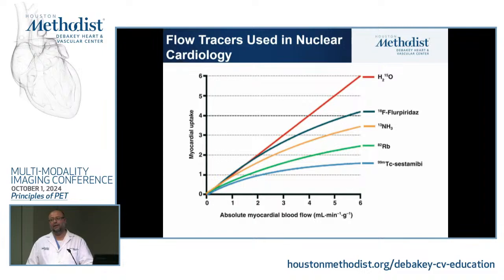Rubidium is actually very close to technetium. With technetium, extraction has what we call a roll-off phenomenon. In other words, after a certain minor stenosis, you're not going to be able to see the differences in blood flow because of autoregulation.